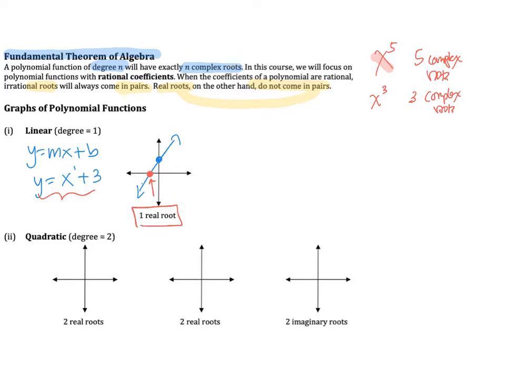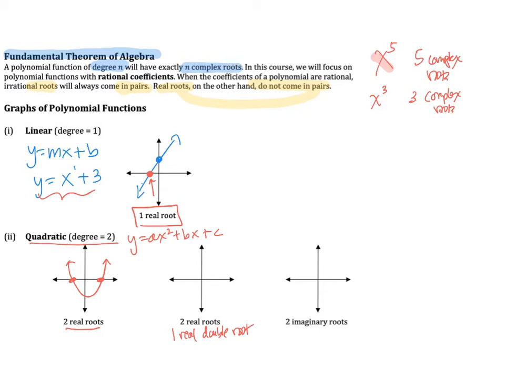A quadratic function means you have ax squared plus bx plus c, so you have x squared, so you should have 2 roots. You either have 2 real roots, that's a parabola going through 2 locations on the x-axis. Or you could have 1 real double root.